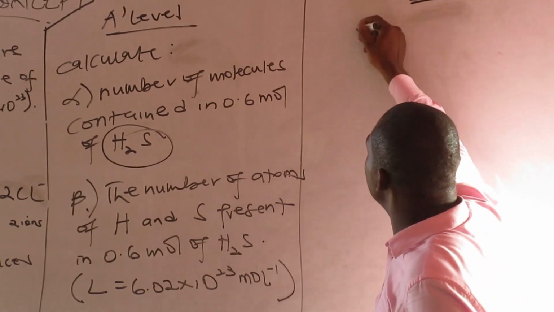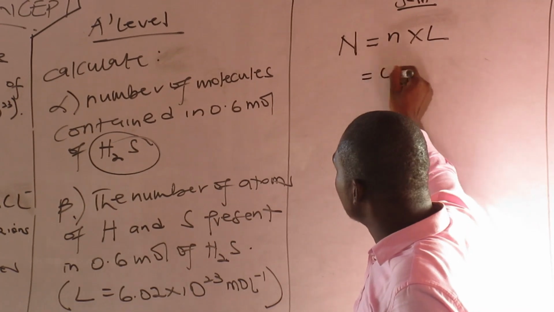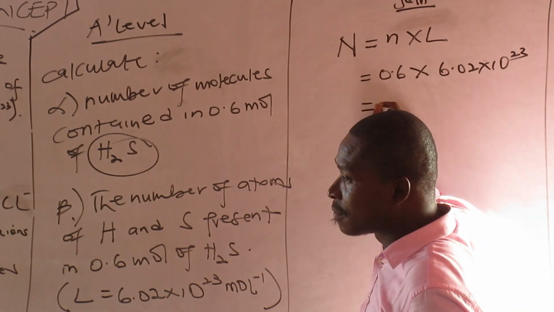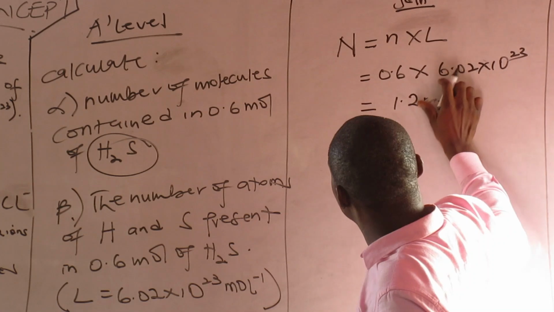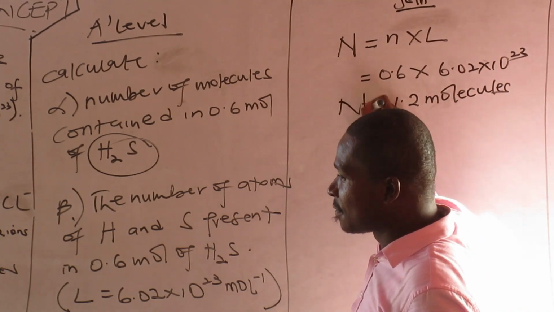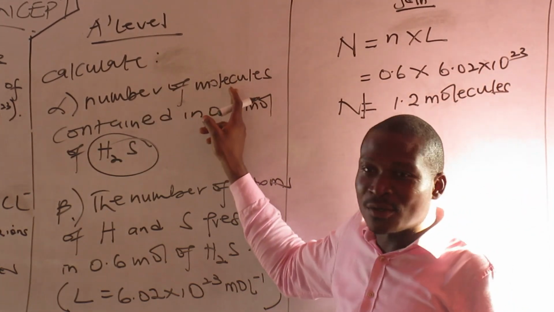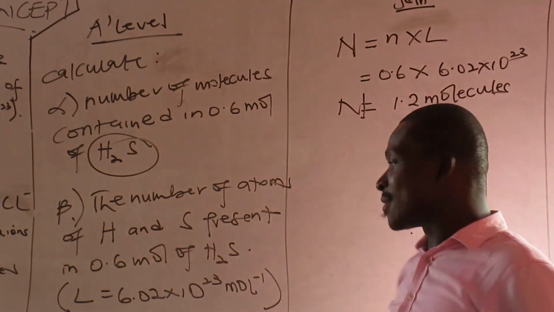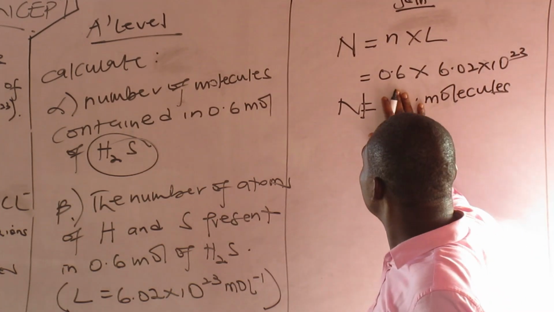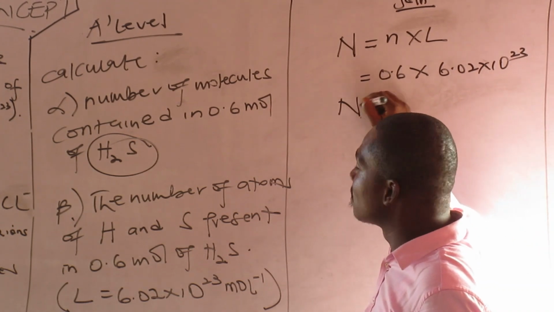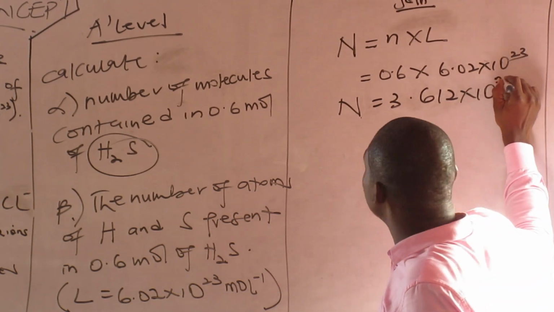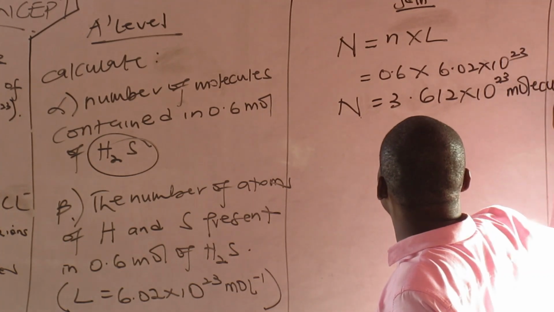Number of molecules, entities, right? 0.6 by Avogadro. So the number of molecules, you leave your answer in what? Molecules. Okay. It's 3.6.